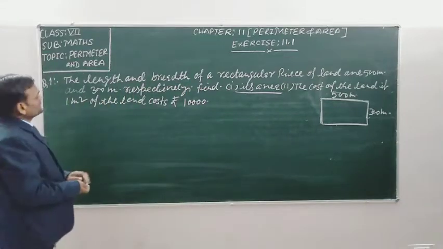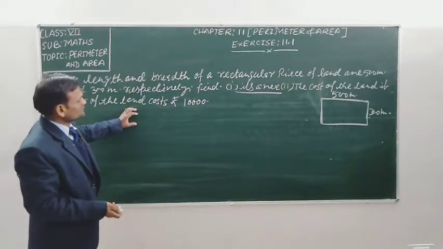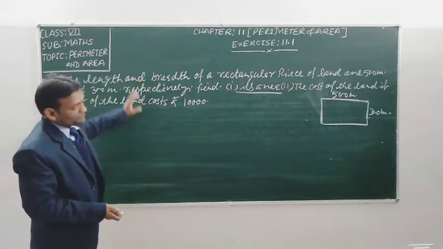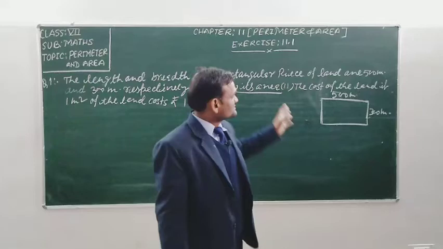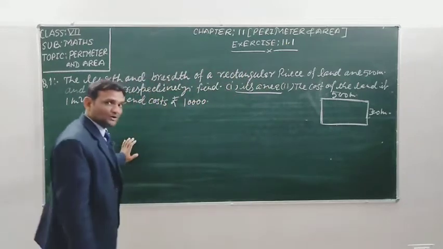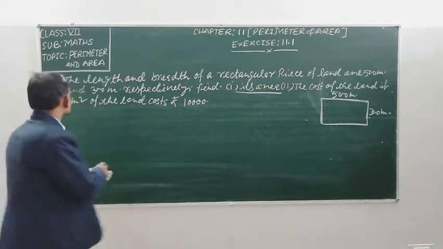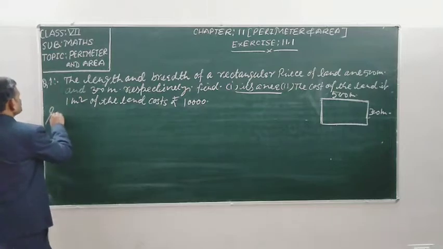Student, this is a word problem type question. For solving a word problem type question, I have told you many times that whatever information is given in the question, firstly we note it down. After this we start the calculation. So I am going to solve this question.